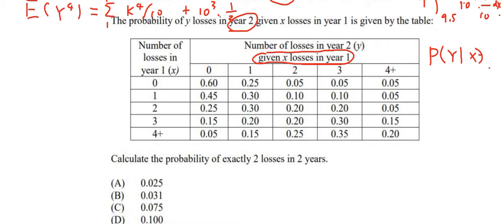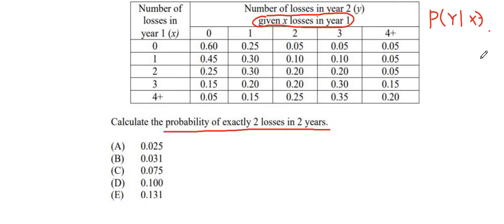So we want to find the probability of exactly 2 losses in year 2. So this probability, using this notation, is Y equal to 2, right? Y is the number of losses in year 2.